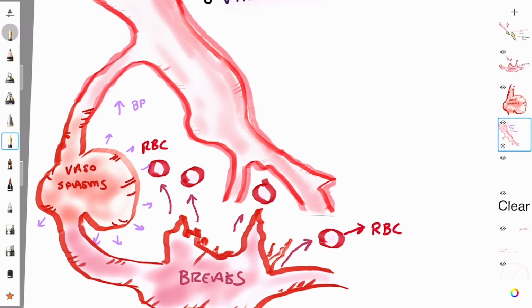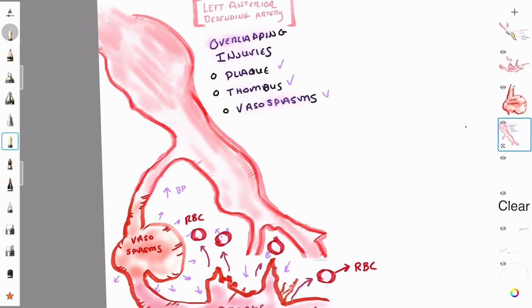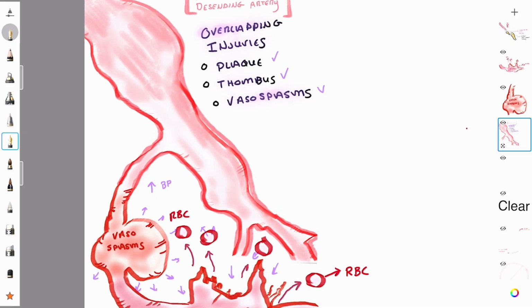And you can see here that we have this rupturing of a coronary artery branch, and now we have red blood cells that are leaking out into the interstitial space of the heart. And this causes a lot of problems as well. So all of these things can overlap and create a lot of complications for the heart.